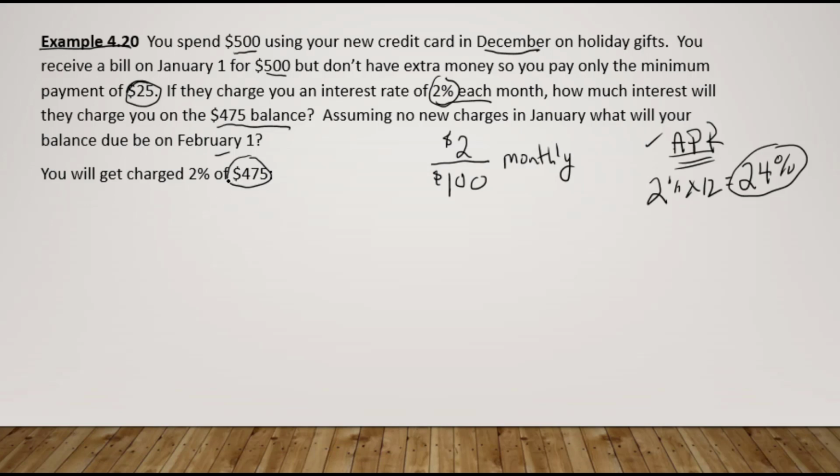So to determine how much you're going to pay for the month, you can do it one of two ways. You can just simply take 2% of 475, which you could also put in like this.